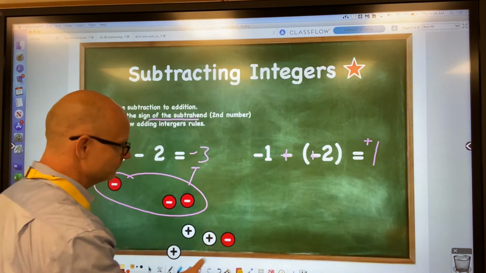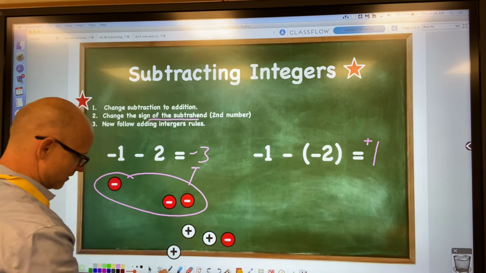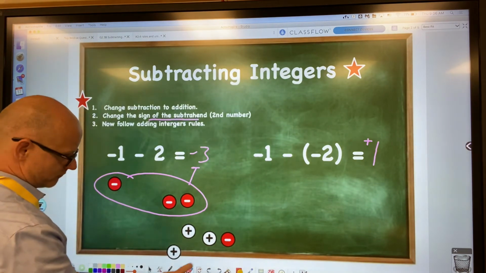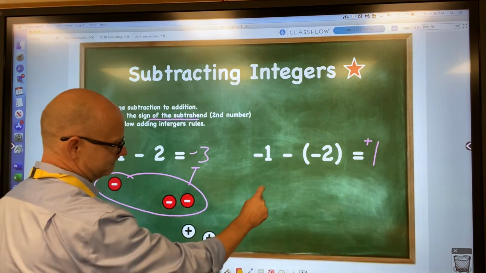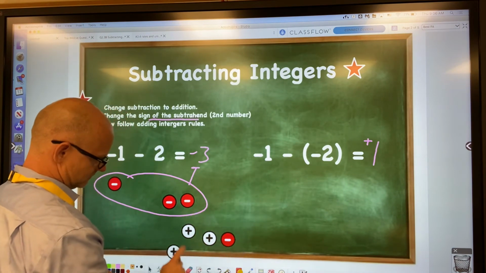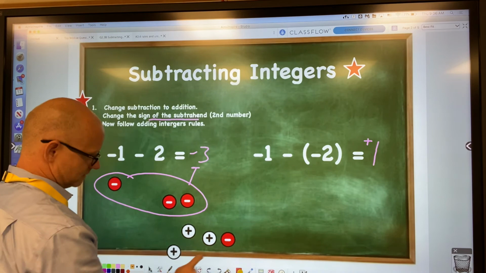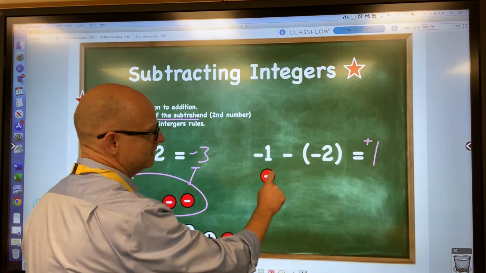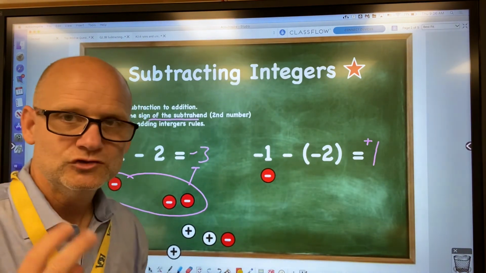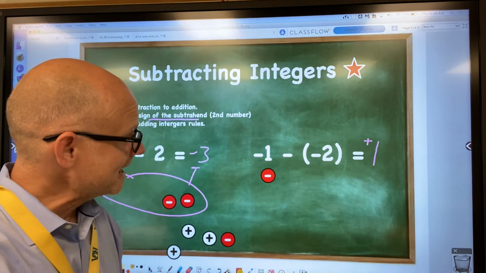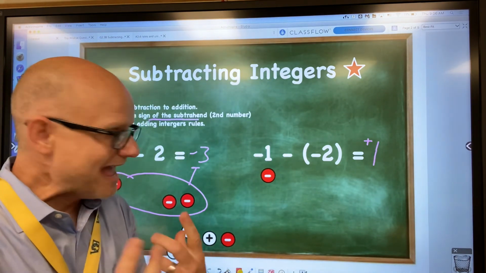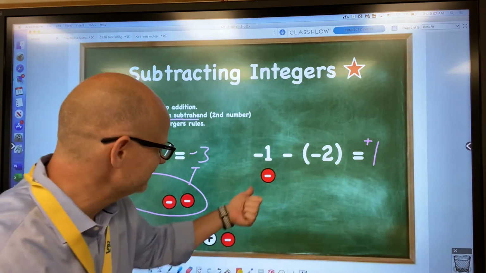And now let's just prove that with counters. So again, I started with a -1. This time it wants me to take away 2 negatives. It says subtract a -2. But I can only subtract a -1.